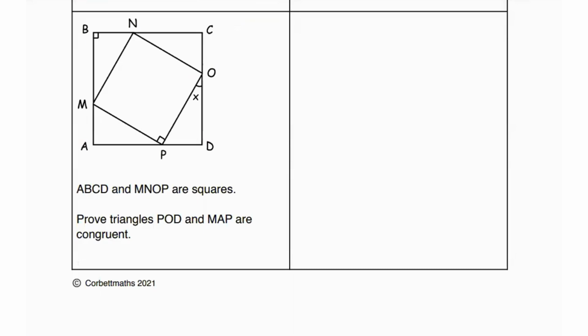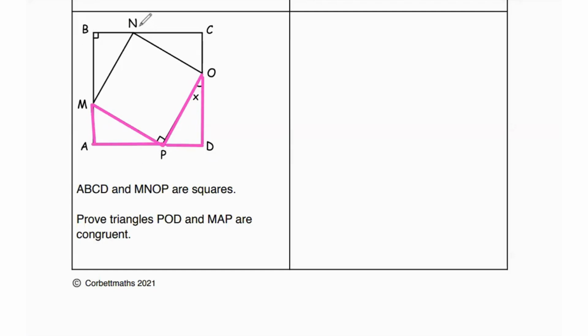Lastly, it says ABCD and MNOP are squares. Prove triangles POD and MAP are congruent. So let's highlight the triangles first. POD, MAP.